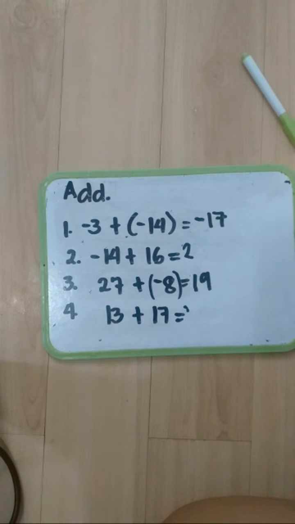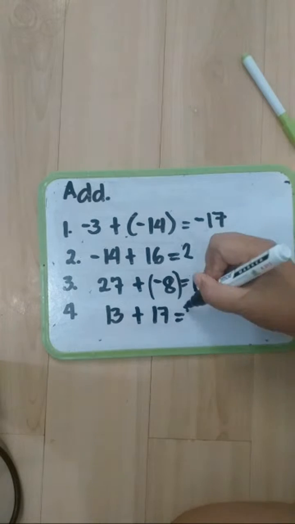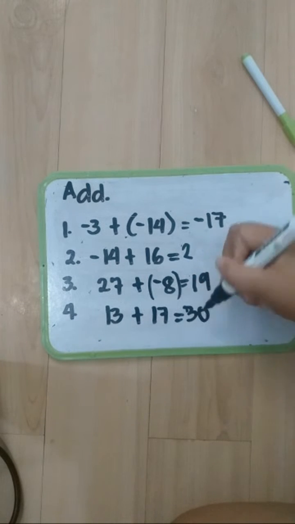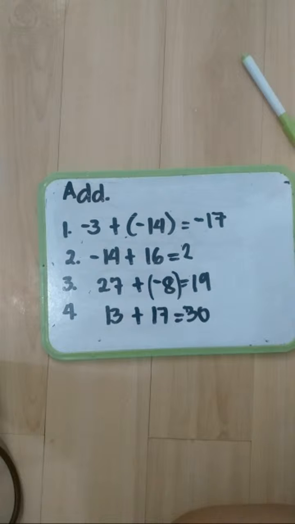Yung iba hindi pa nagsasagot. Okay, correct. So, marami nakasagot. The correct answer is 30. May tanong po? So, ulitin ko ha.